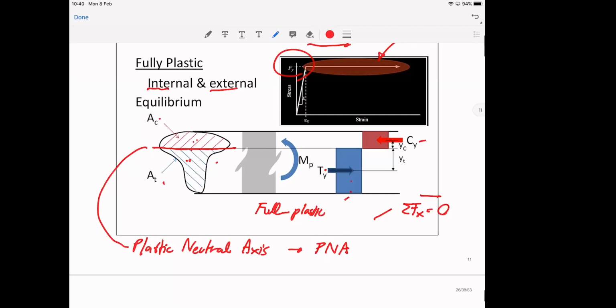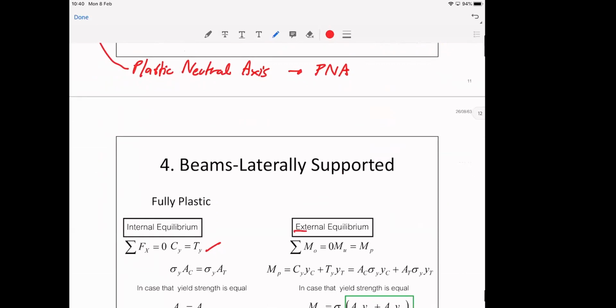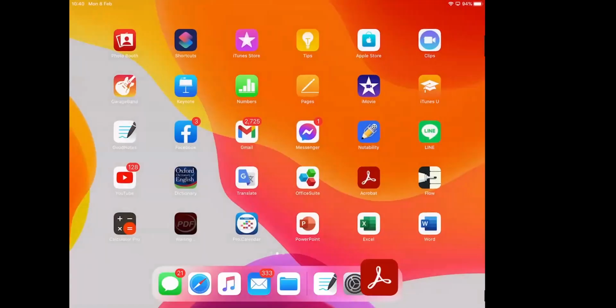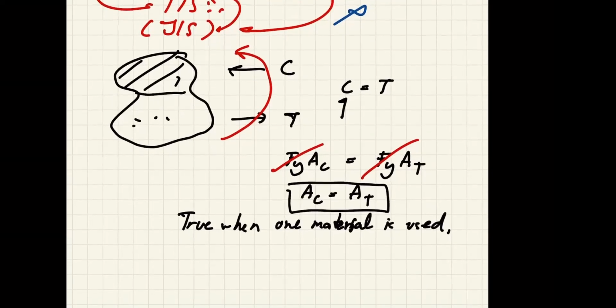Now after this, we can proceed to take the external equilibrium, and the moment inside must be equal to the moment outside. So I'm coming back to this. To take the moment here, it must be equal to the external moment. We have the force here, so we need to take the moment with respect to this plastic neutral axis.